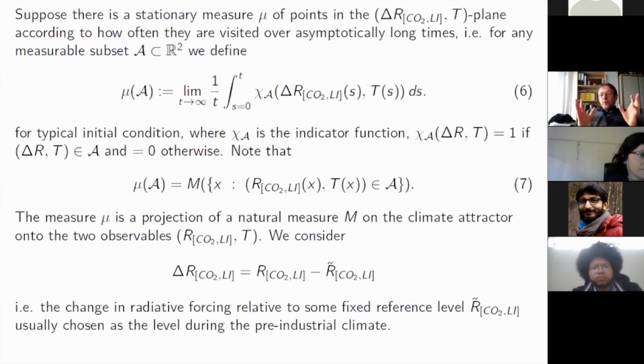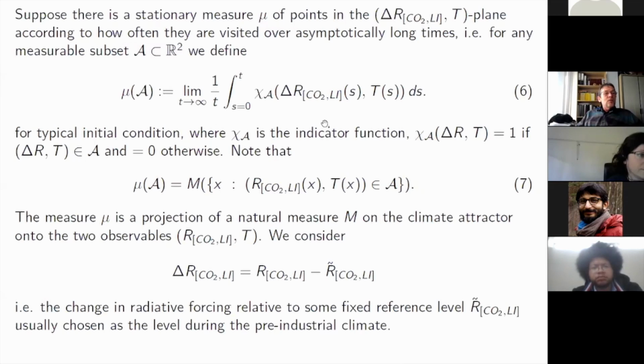If we have the natural measure and we project it onto this two-dimensional set of observables, that will actually give us a measure. And when we are talking about tipping points or climate sensitivity, the approach we're taking is that we're talking about properties of that projected measure.